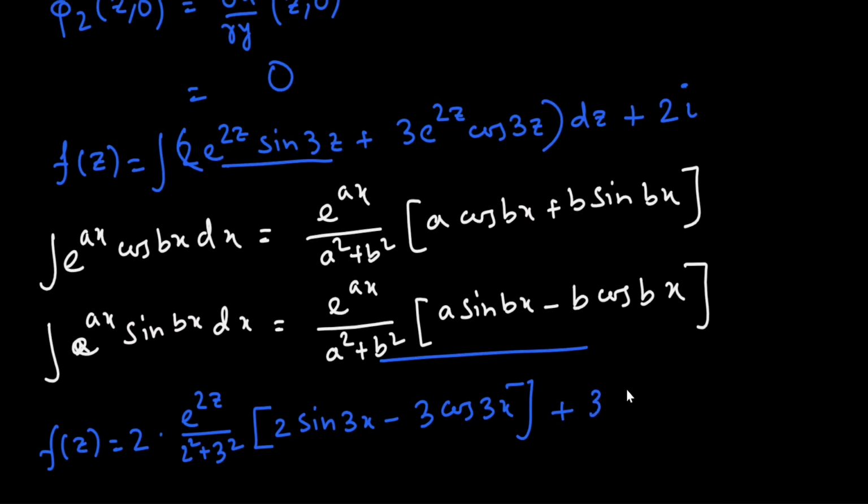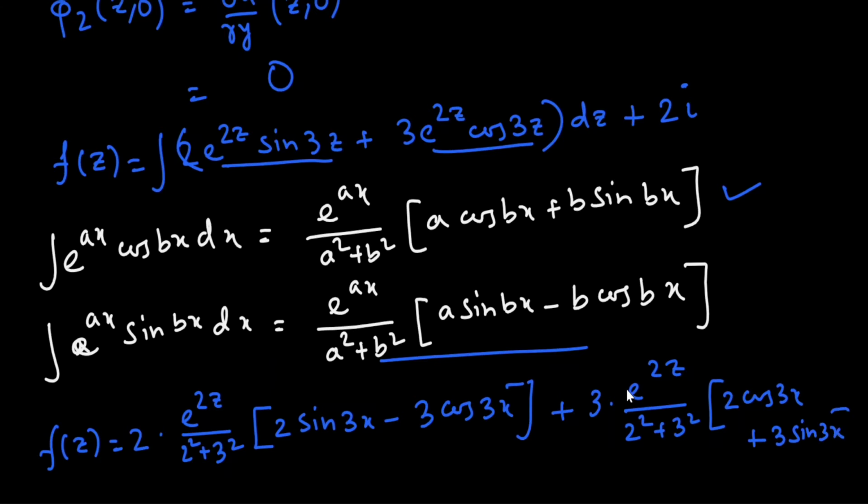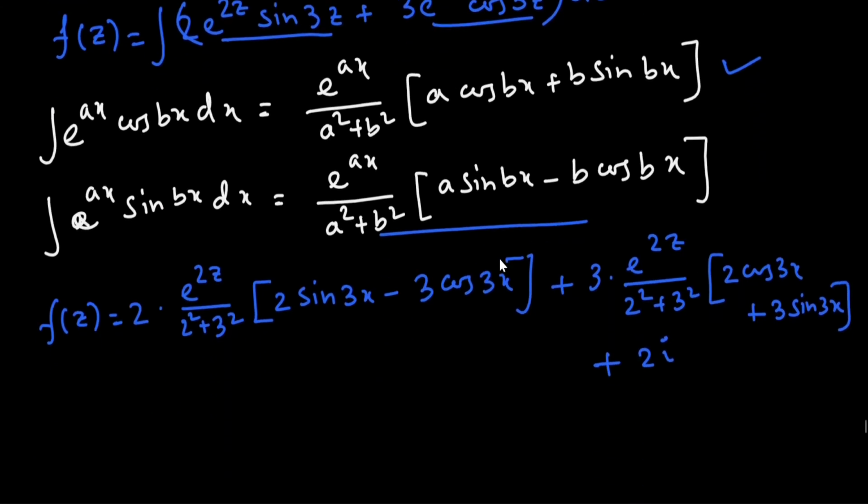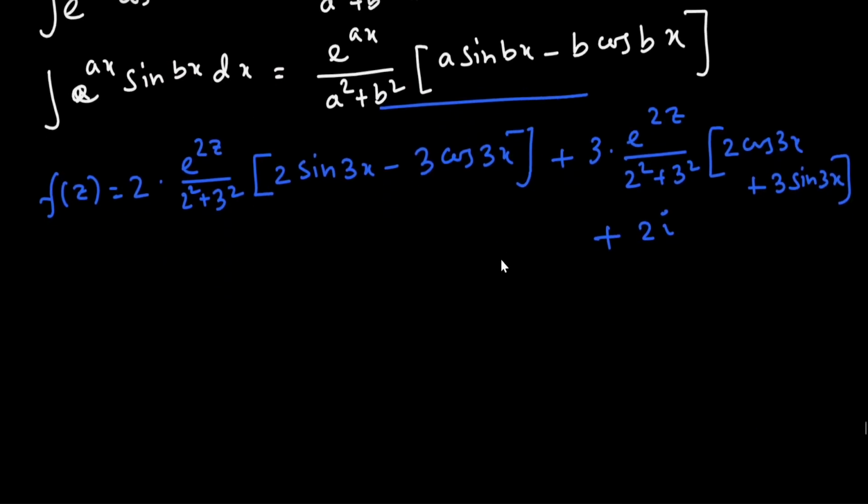Plus 3 into e to the power 2z by 2 square plus 3 square, into e to the power 2z cos 3z. We apply the first formula, a cos bx plus b sin bx, which means 2 cos 3z plus 3 sin 3z. This is plus 2 iota. This we get.